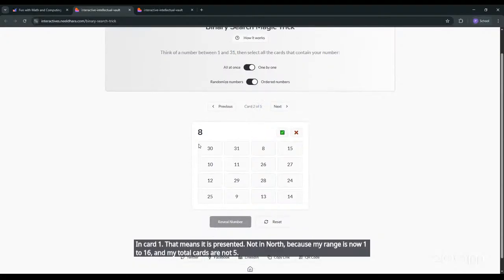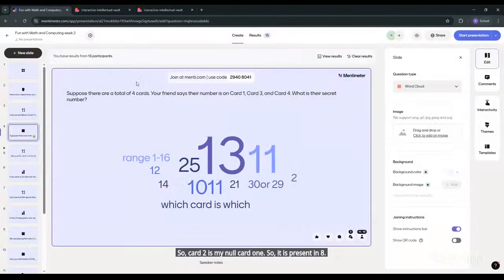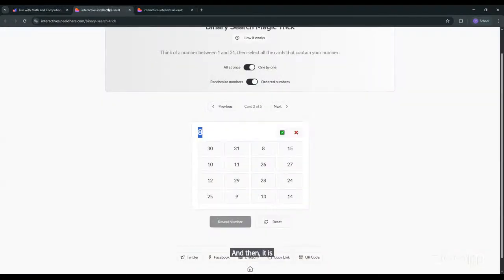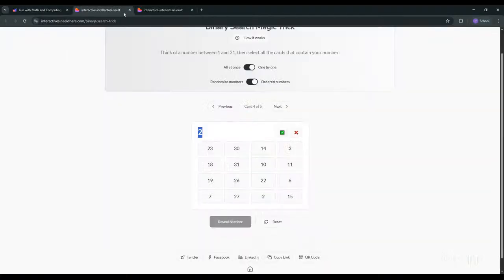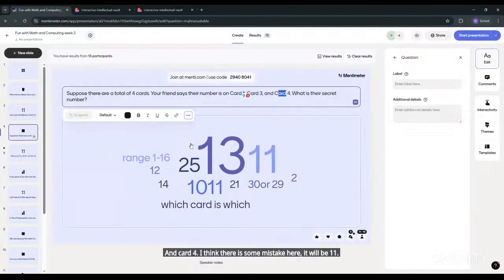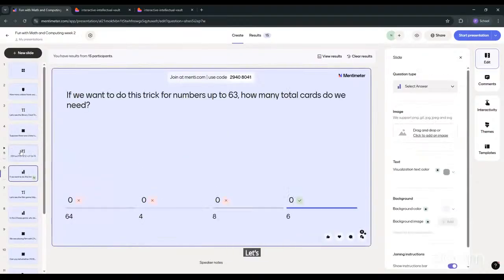So card 2 is now my card 1. So it is present in 8, and then it is present in card 3, so not in 4 but in 2. So 8 plus 2 is 10, and card 4. I think there is some mistake here. It will be 11 in that case. Okay, let's move on from this because I think this is the wrong example.